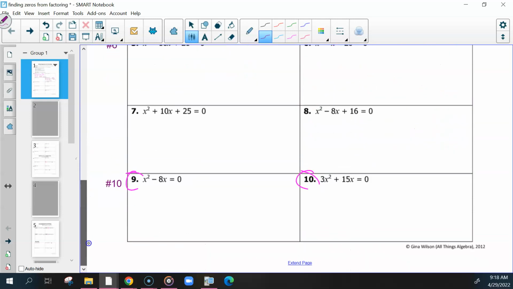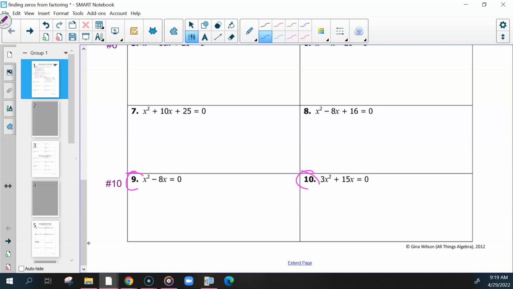Get down to number 9. How could we factor this? In this case, we can't think of two numbers.